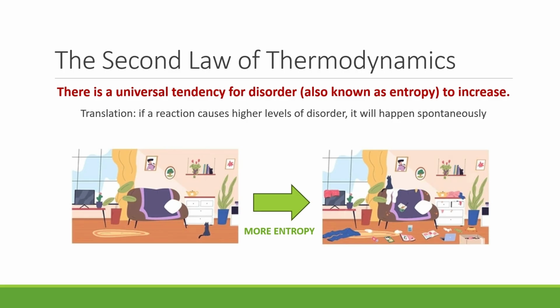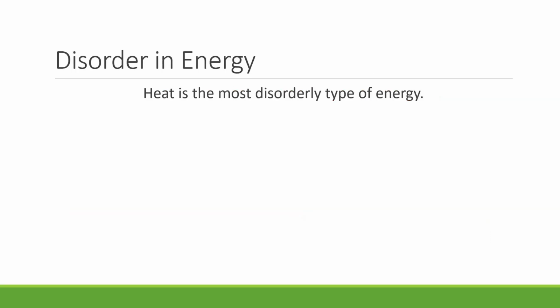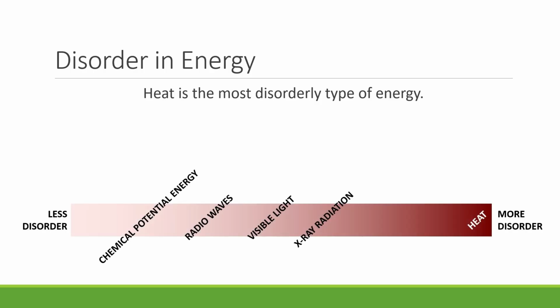The final piece of information to put this all together is knowing that heat is the most disorderly type of energy. If you were to line up different types of energy on a scale from less disorder to more disorder, you would find heat at the far end of the spectrum with the most disorder.